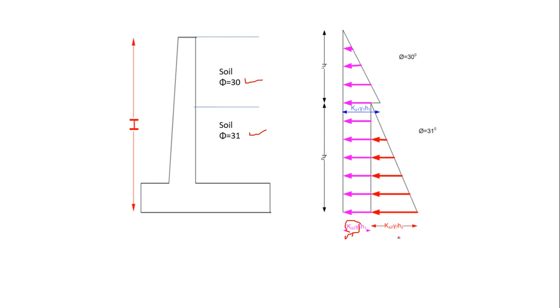We select Ka2 into gamma 2 into H2. So this is when we have two different layers of soil, and we can calculate the moment. How are we going to calculate the moment? First of all, we need to find the area of this triangle. We may call this PA1.